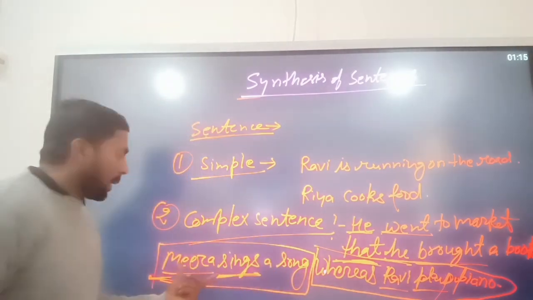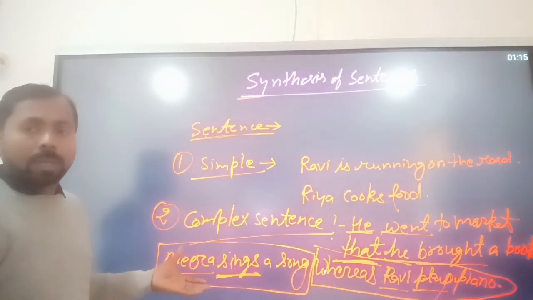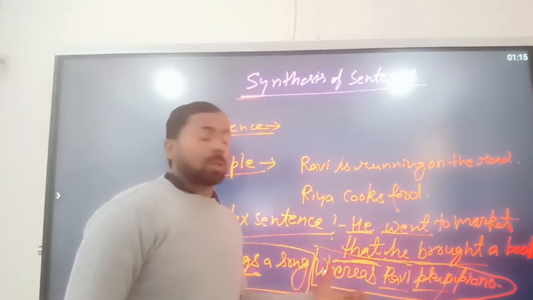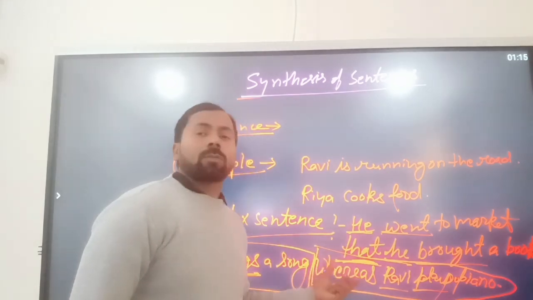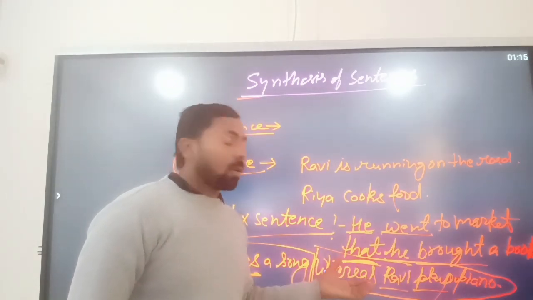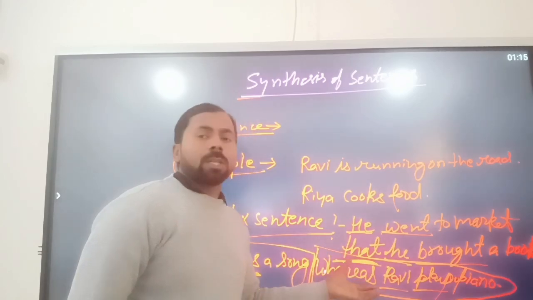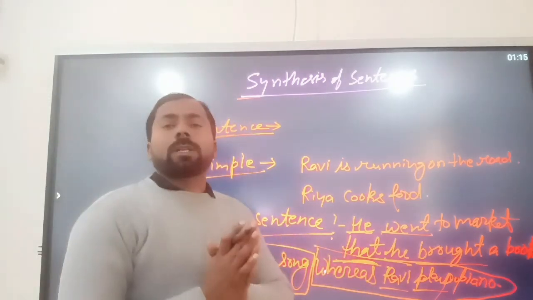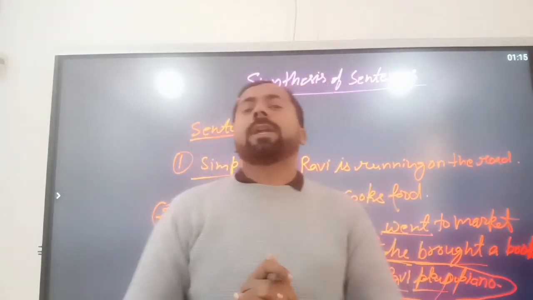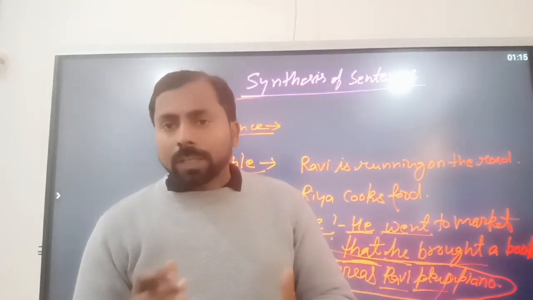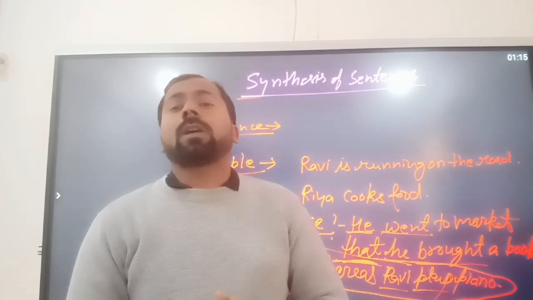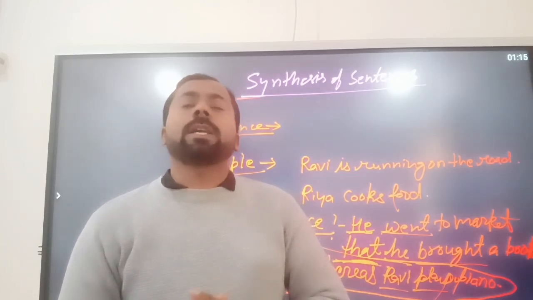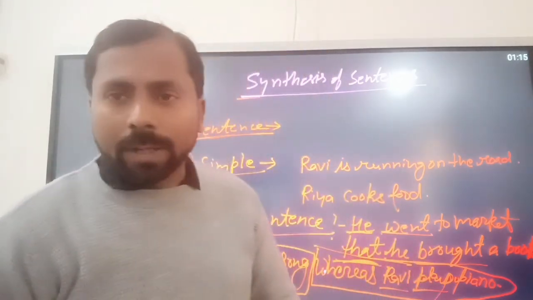So the first is the independent sentence, also known as the principal clause, and here is the subordinate clause, which is also a dependent clause. Why? Because this clause depends on the first clause. So whenever we get one clause independent, the principal clause, and the second clause dependent on the other clause, that type of sentence is known as a complex sentence. I hope you all understand.